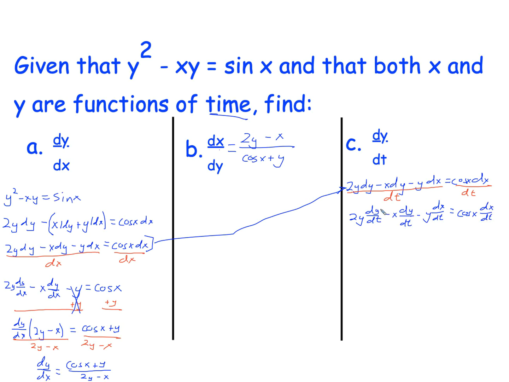You want to solve for whatever you're looking for. We're looking for dy/dt, so we'll get anything with dy/dt on one side and anything that doesn't have dy/dt on the other side. Well, these first two terms both have dy/dt. This one does not, so we're going to add that to both sides. So that's a dx/dt.